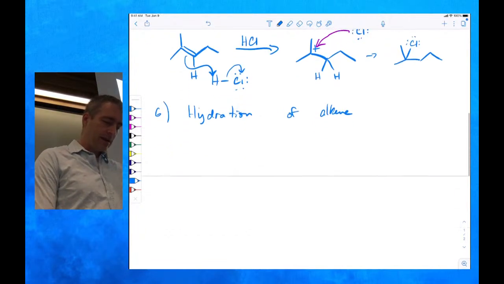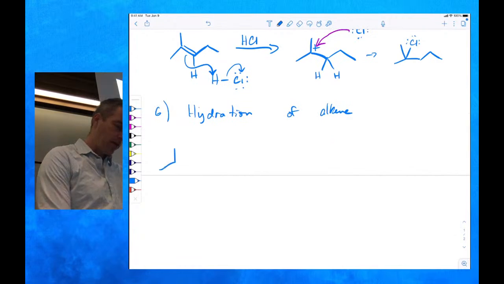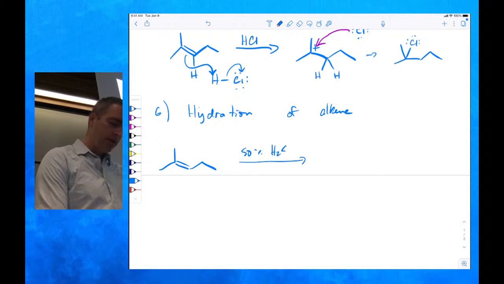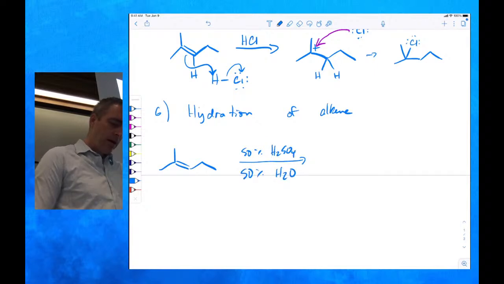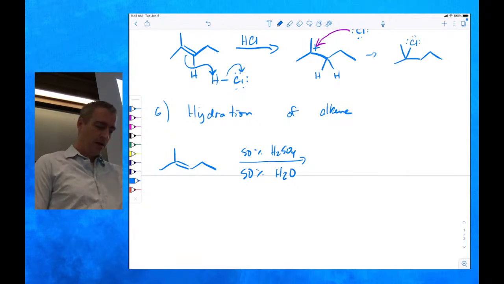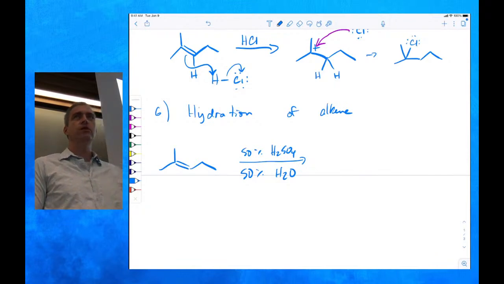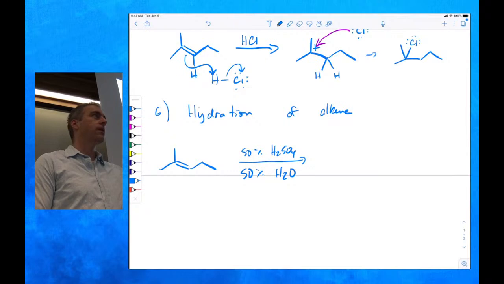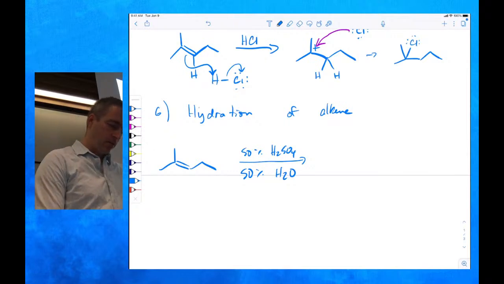And if you take that same alkene as before, usually what we use is a mix of like 50% sulfuric acid, 50% water. Now sulfuric acid is a strong acid. Water can act as a base and react with sulfuric acid. So really what those produce when you mix them together is H3O+. So what we can use as our reactant here is just going to be H3O+.